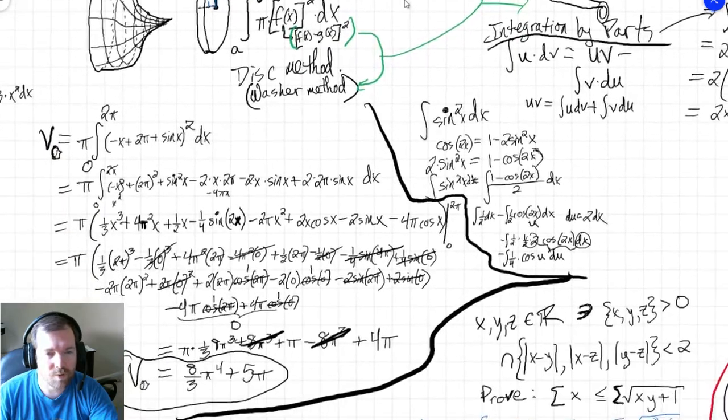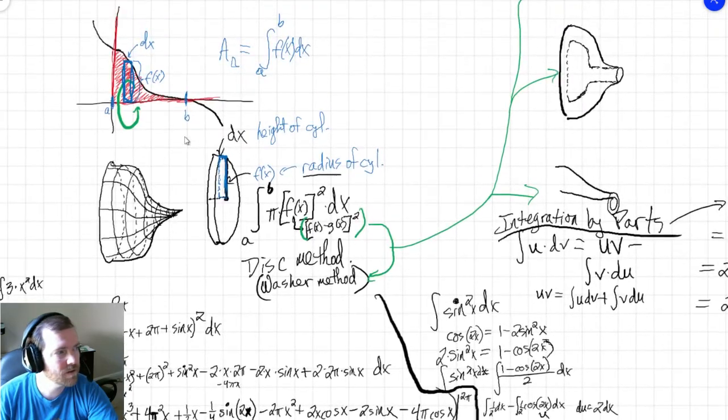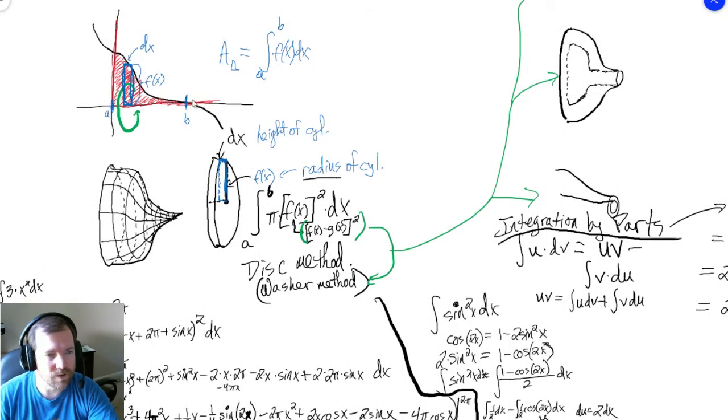For the washer method, we said that basically what we're going to get is the integral from a to b, from the start location to the end location, of the function value, which is going to get us the height of this individual infinitesimal rectangle, times our dx.